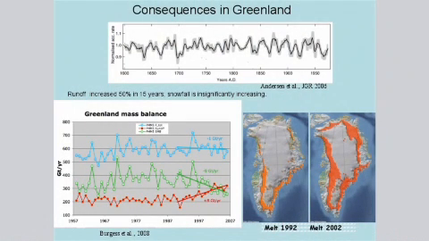As a consequence of that, you see the melt area of Greenland in red, which has been increasing dramatically in 10 years. This is how much of Greenland is melting today. This is the Greenland mass balance. This is the input from snow in the last 50 years, 1957 to 2007. Not much of a change. And this is the runoff, the melting of the ice sheet.